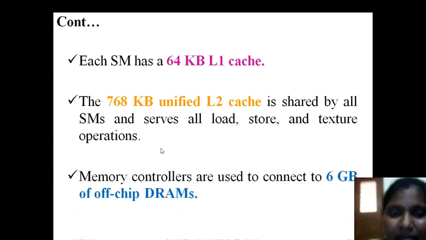Next, memory controllers are used to connect to 6 GB off-chip dynamic RAMs. Dynamic RAMs are very important now, but they have some drawbacks also. Both have drawbacks, but in terms of efficiency, static RAMs are less efficient than dynamic RAMs. If the refreshing rate is very high, dynamic RAMs become useless.